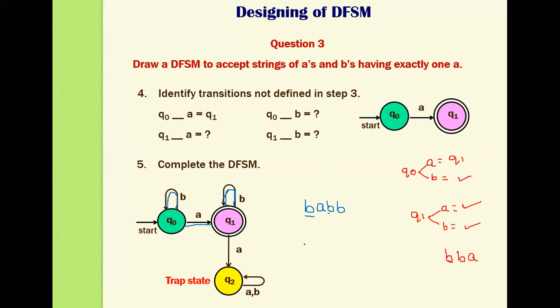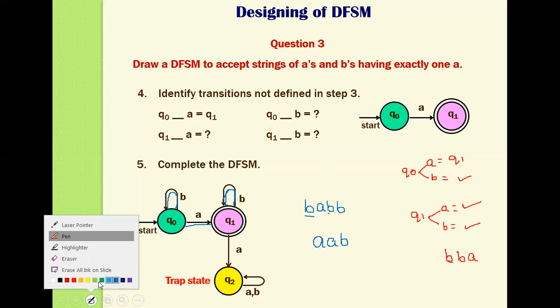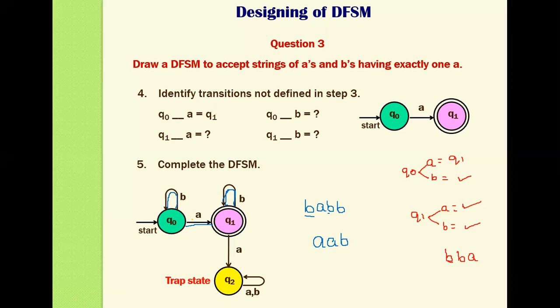Let me give one more example: A, A, B. Let us try out with this. How do you read A? I will change the color. I will read A like this, right? Now one more A, so it has reached the final state.